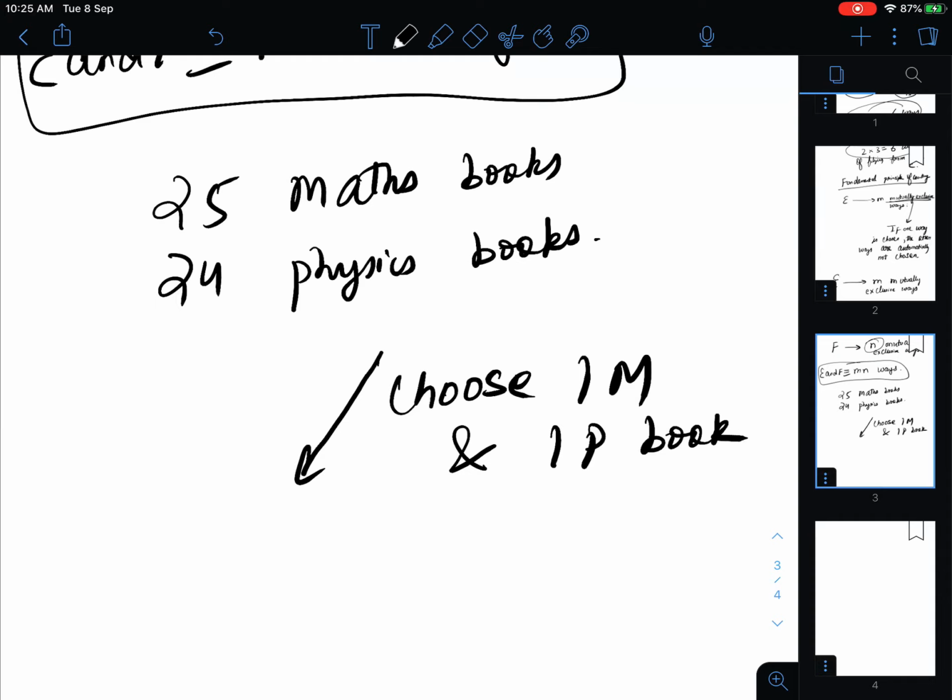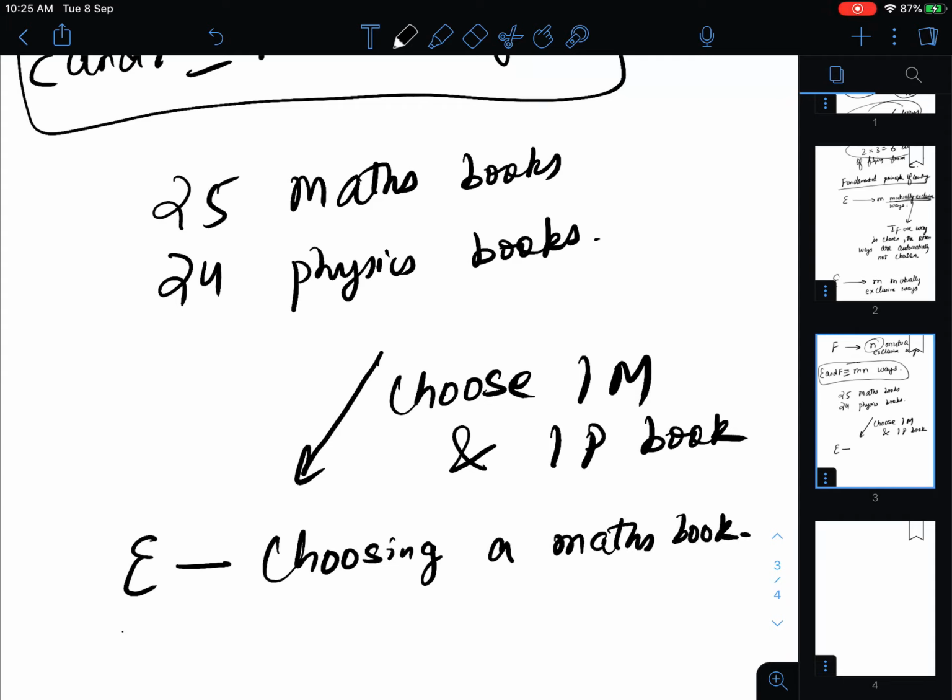So let's say event E is choosing a maths book, and event F is choosing a physics book.